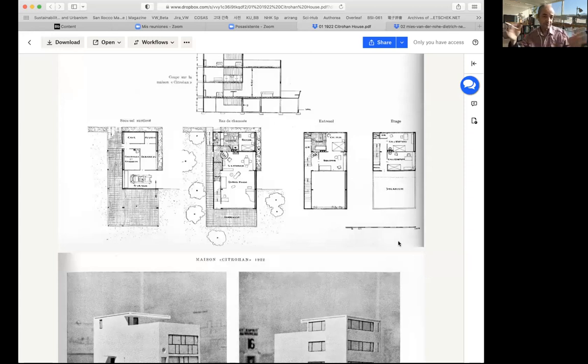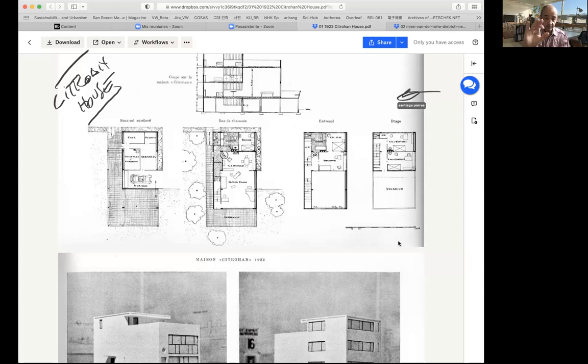I chose, just to have some kind of interesting criteria, two buildings of just 100 years ago, which sounds cool. One is a Citroen house by Le Corbusier. There are several versions, and we are proposing the one we have on the screen, the one on pilotis.